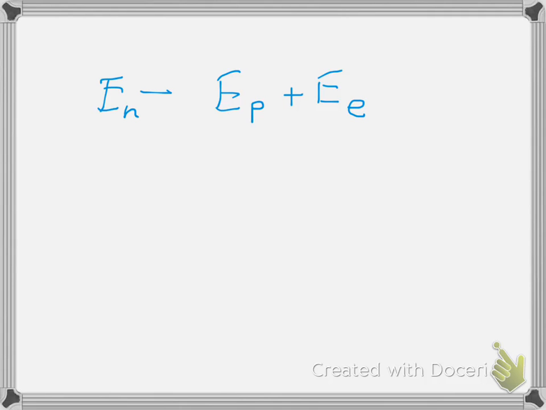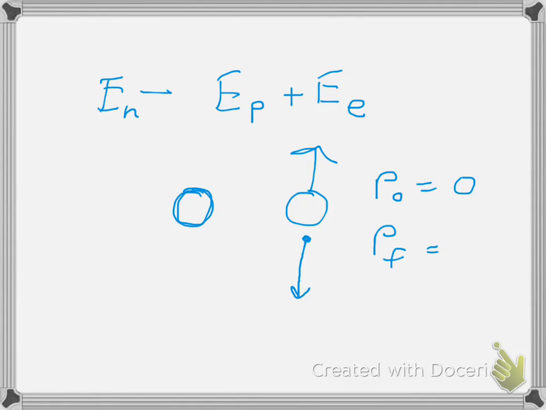So let's think about what happens if a neutron decays. Here it is sitting at rest. Let's just imagine it at rest. Now I'm going to move it over here to the right a little bit. If it decays, then you get a proton going this way, and the electron would go this way. I'll make a small little electron there. Now remember that the initial momentum was equal to 0, so the final momentum must equal 0.